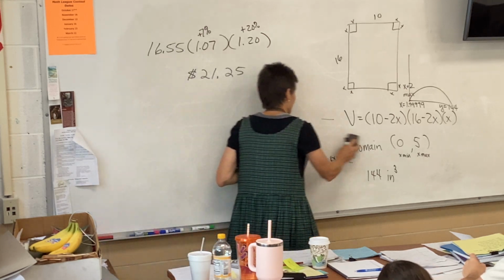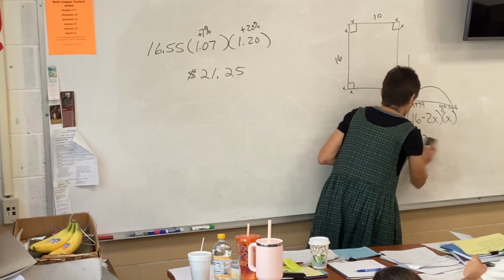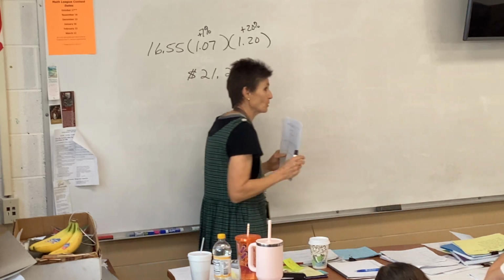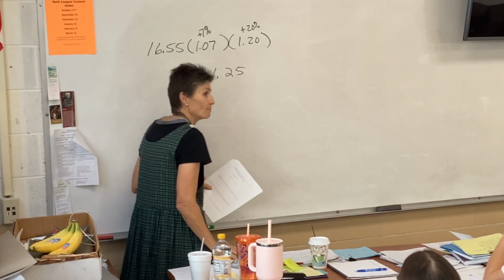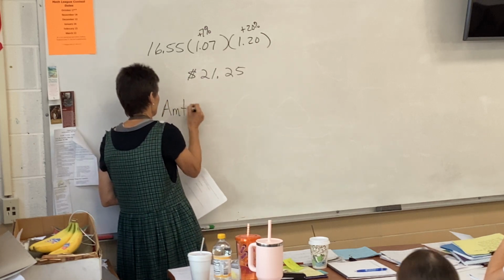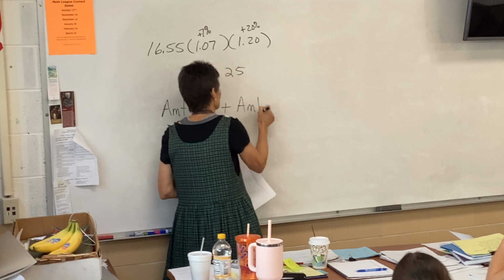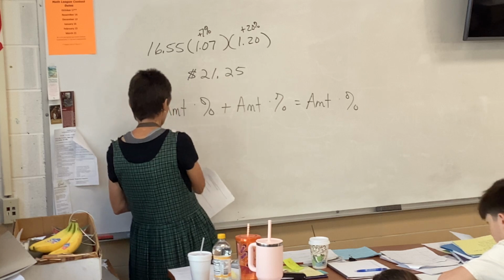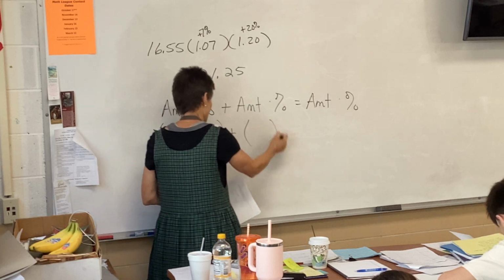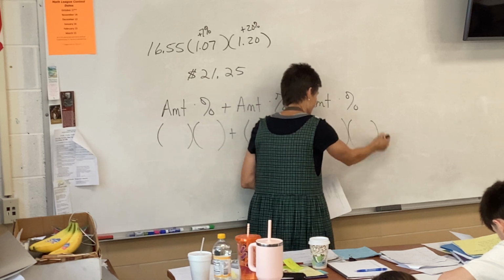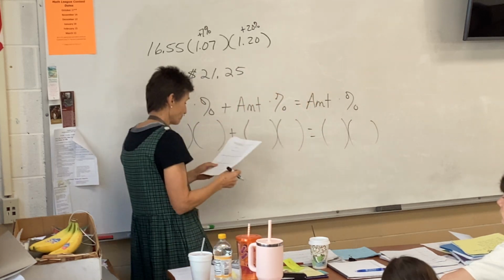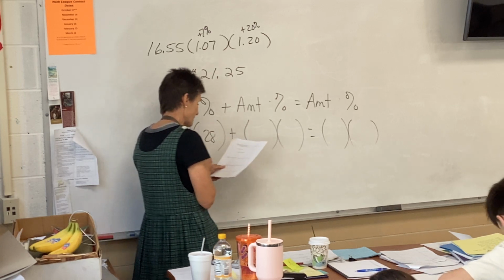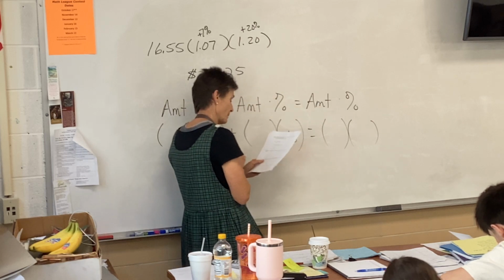Okay, number 4. How much 28% Kool-Aid? Read that question, what's my general formula so I get this done? Amount times percent plus amount times percent equals amount times percent. So these are all multiplied. So this times this plus this times this equals this times this. My percentages are 0.28, 0.10, and 0.22.